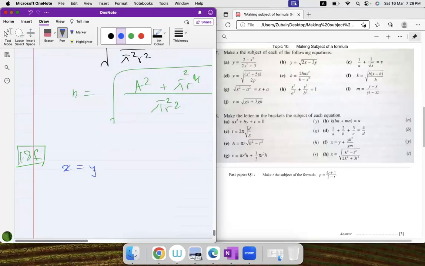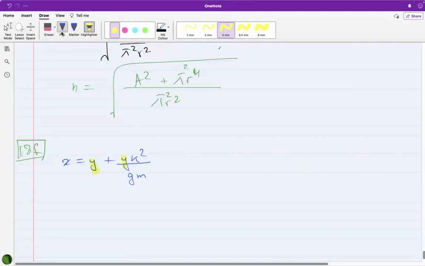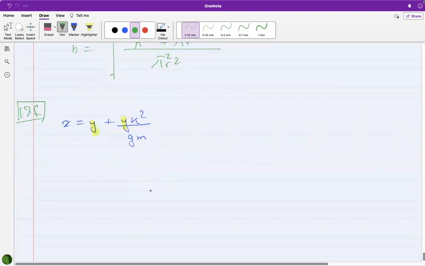X is equal to y plus yk squared over gm, and we are making y the subject. I'm planning to take out y as common.